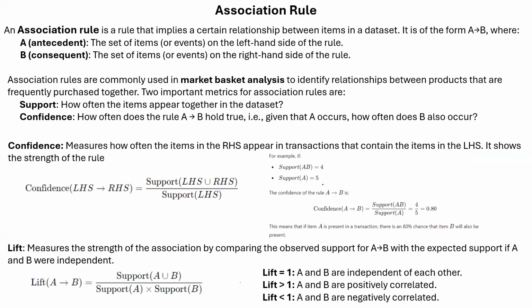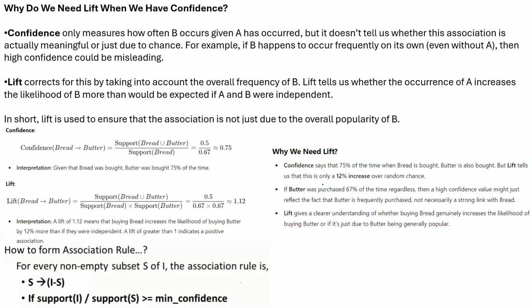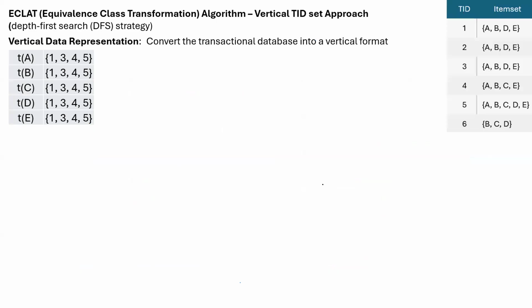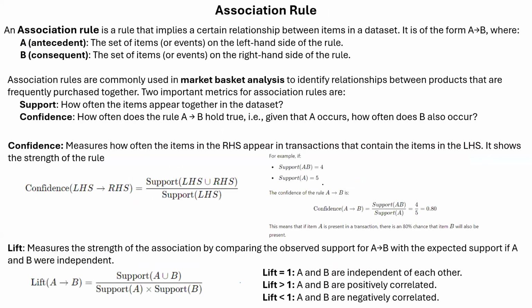Now, as we have learned two methods, it's time to learn about association rules. What is an association rule? An association rule is nothing but a rule that implies a relationship between the items in a data set.